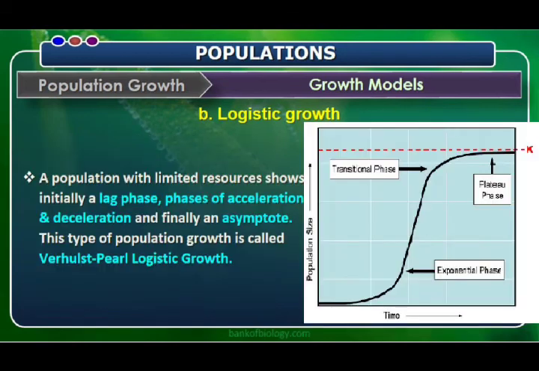Okay. Now logistic growth has three phases: lag phase, phase of acceleration and phase of deceleration. So the initial phase is called lag phase, the phase of acceleration is called the transition phase, whereas the plateau phase is called deceleration. So it ultimately gives you a logistic growth.